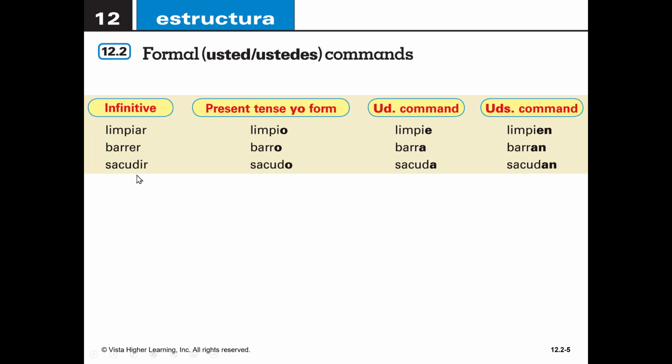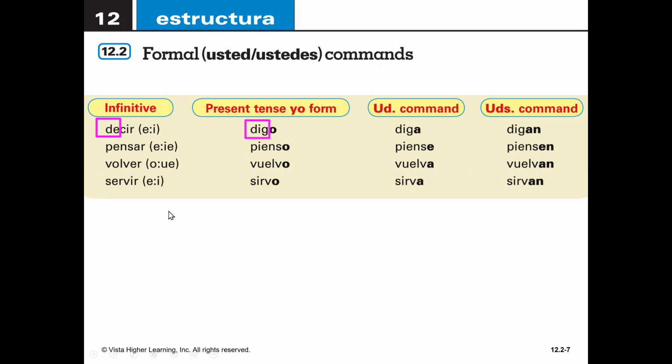And here's an example of an IR verb, sacudir. Yo sacudo. Drop that O for the usted command, add an A. For the ustedes command, add an AN. So that's the rule. Now let's take a look at some verbs that are stem changing.